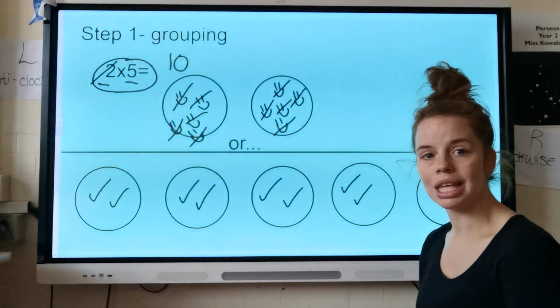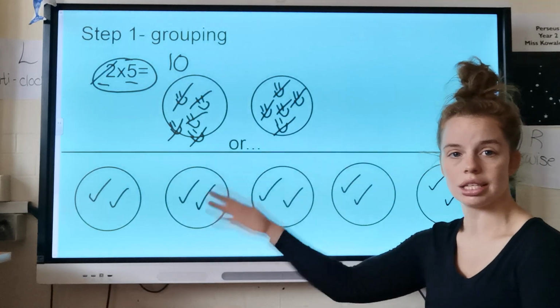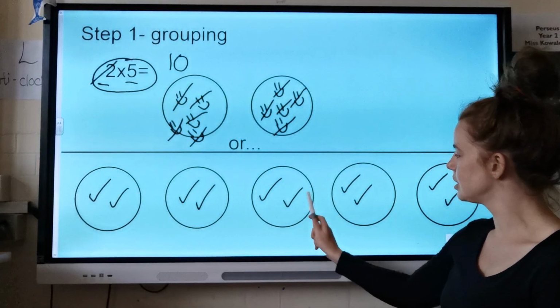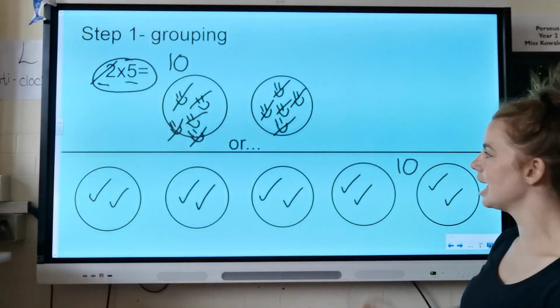And then we do the same thing. We've done 2 in each of our 5 circles, so now we need to count them all together. So we have 1, 2, 3, 4, 5, 6, 7, 8, 9, 10. So we have 10 ticks.